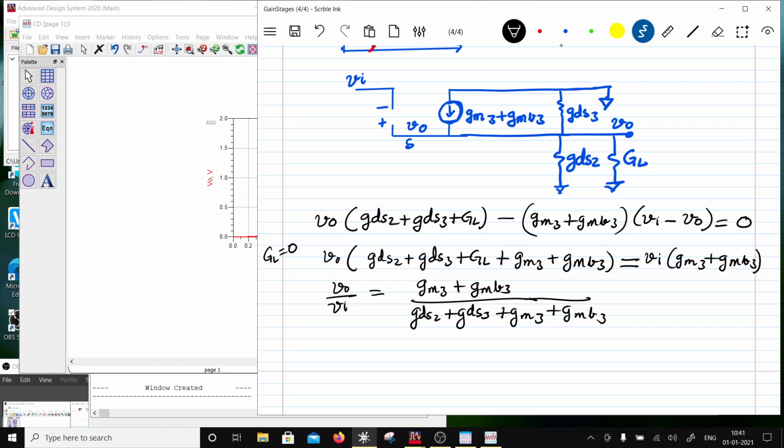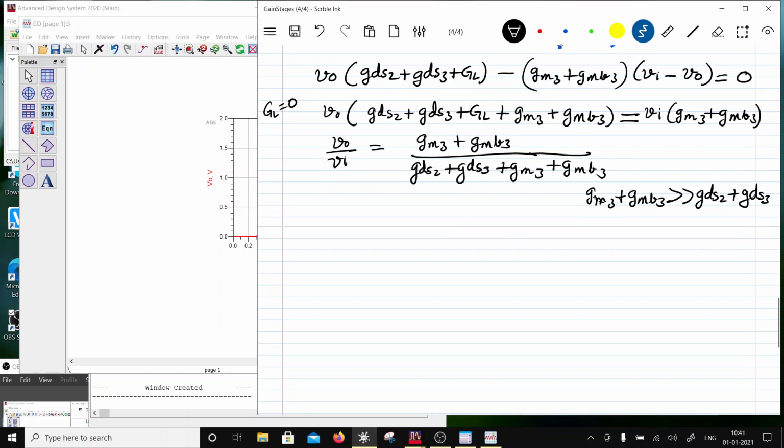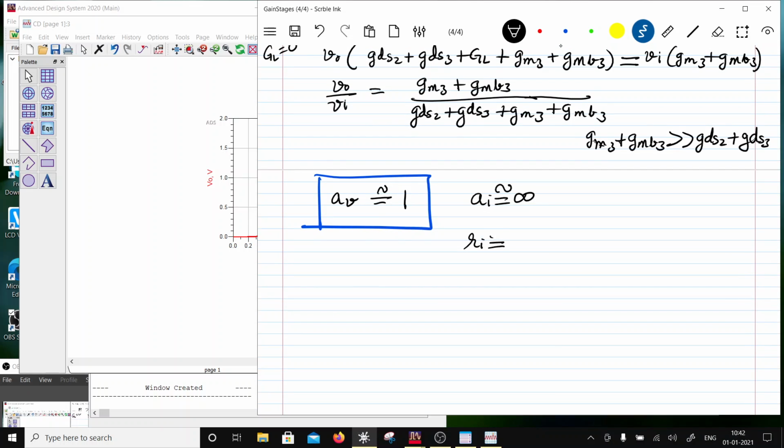Now if I assume GM3 plus GMB3 is much larger than GDS2 plus GDS3, which means that the output impedance of the transistors is high, in that case this would be approximately equal to 1. So the voltage gain for a common drain would be 1. And the current gain is going to be approximately infinity. The input resistance will be approximately infinity.